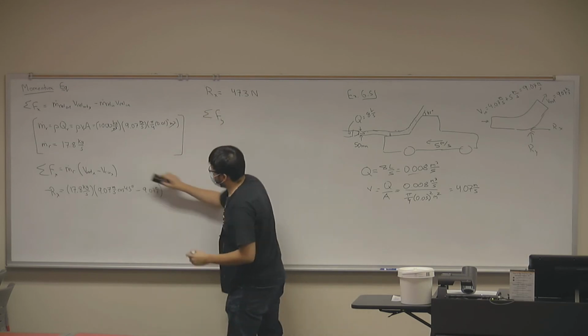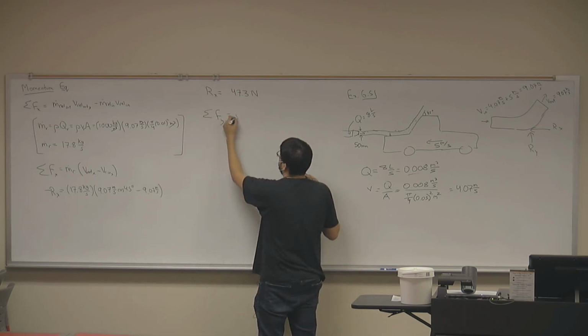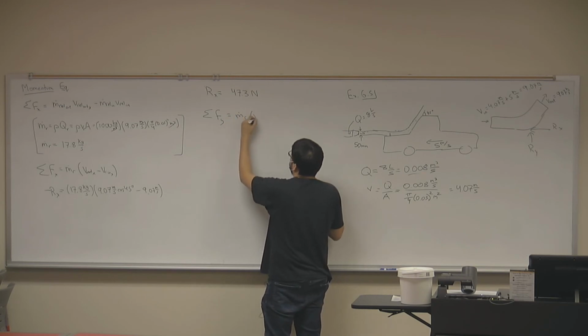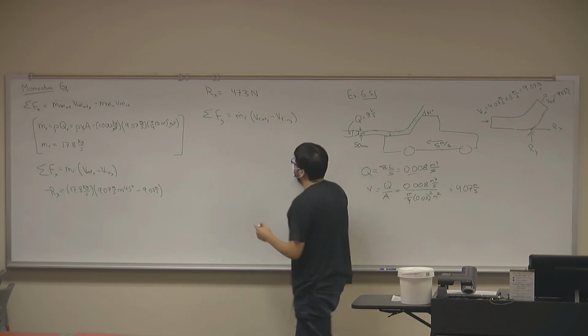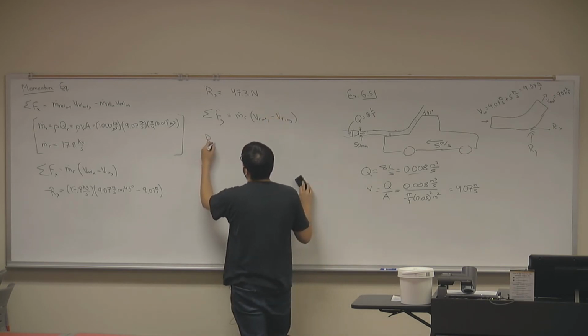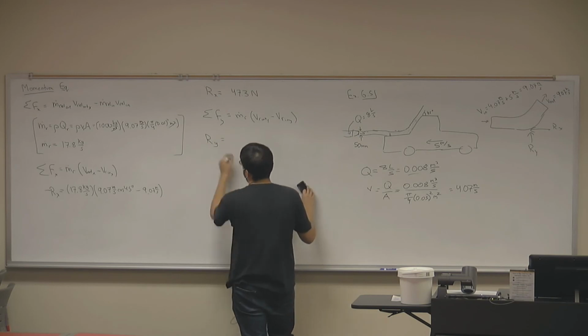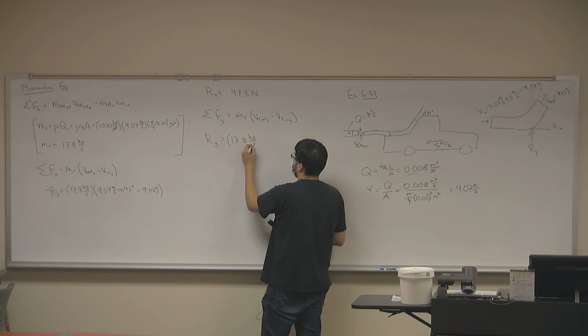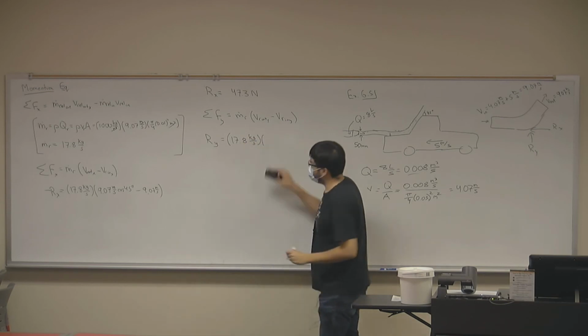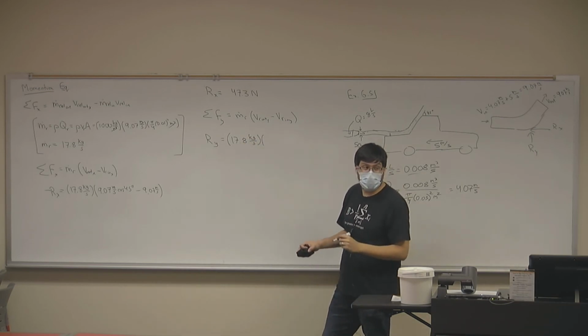In the y direction, my sum of forces equals my relative mass flux times my relative velocity out in y minus my relative velocity in y. We already know in the y direction we have one positive Ry force. My mass flux is 17.8 kilograms per second. What's my out velocity in the y direction?